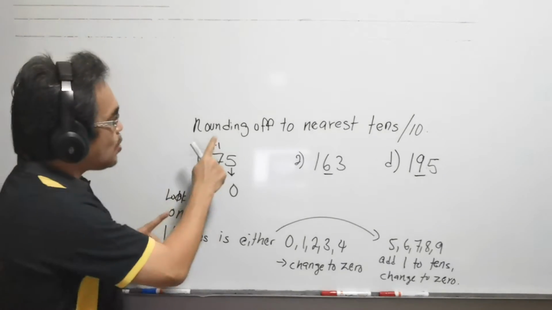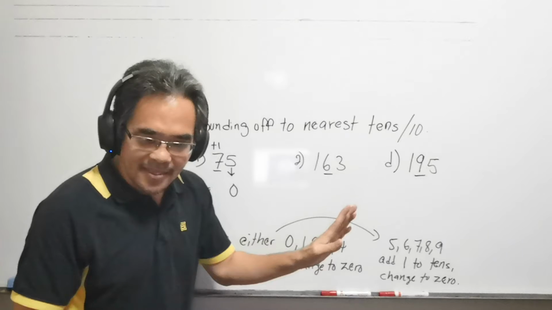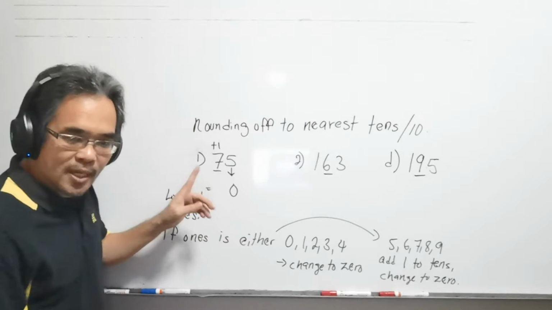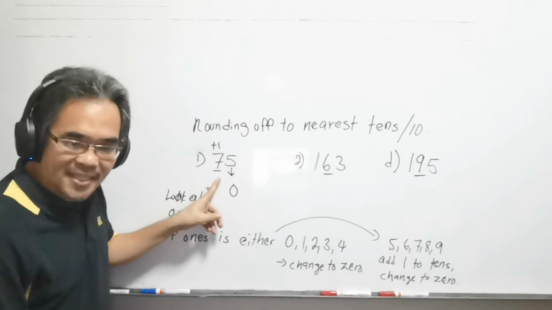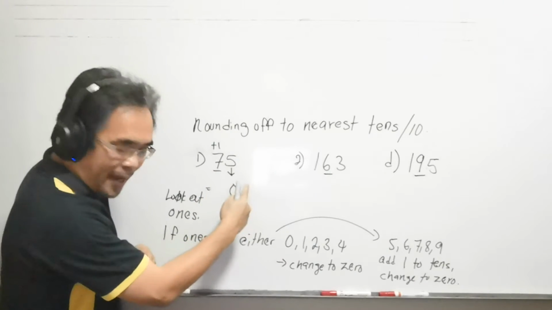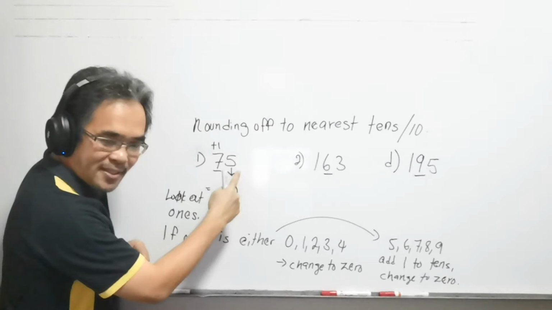Okay, so we are going to round off these numbers to the nearest tens. The first number is 75. You underline the number that represents tens, and then look at the back, that is, the number that represents ones.